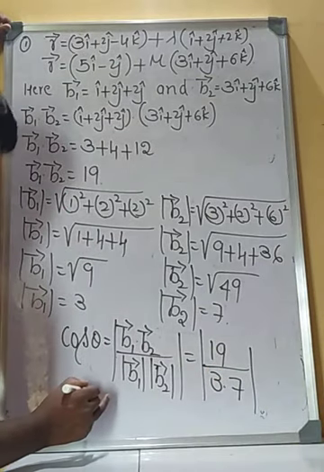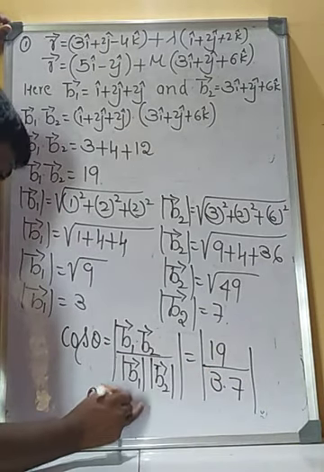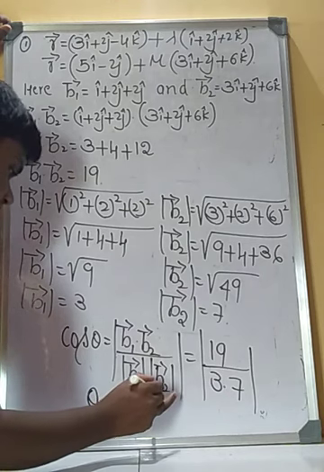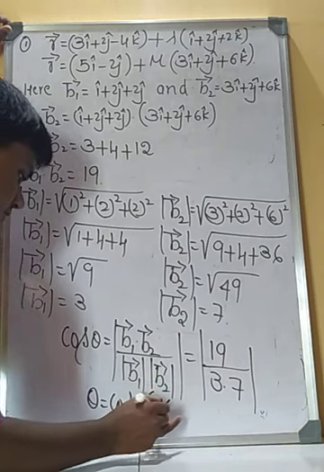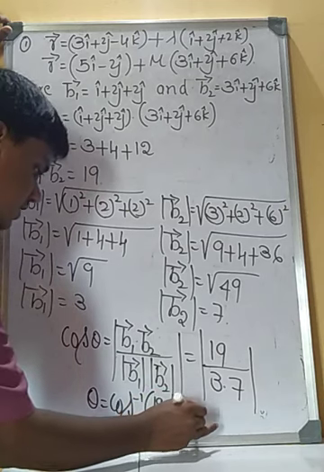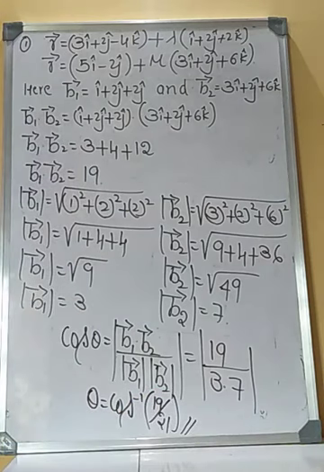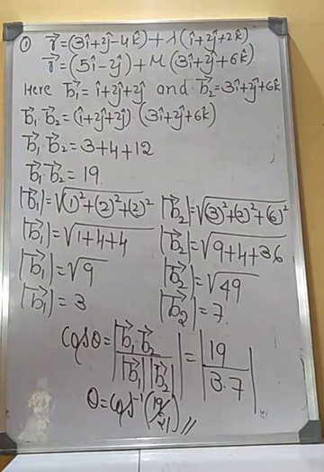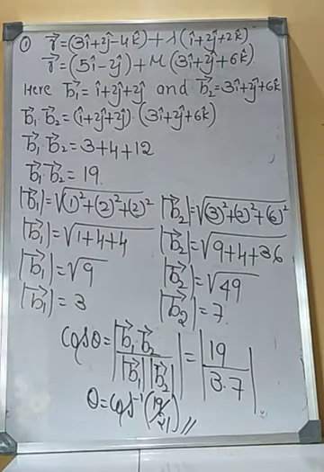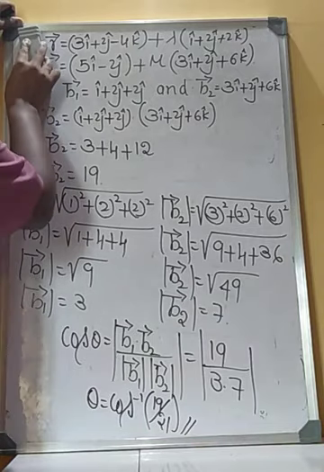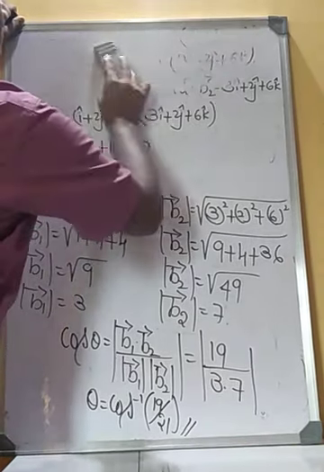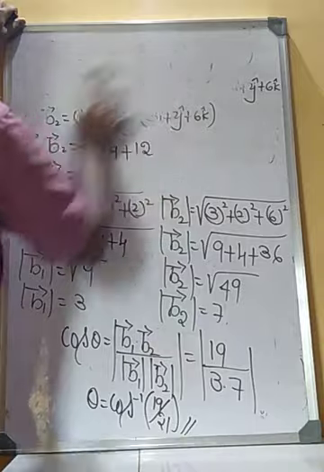So therefore theta is equal to cos inverse of 19 by 21.